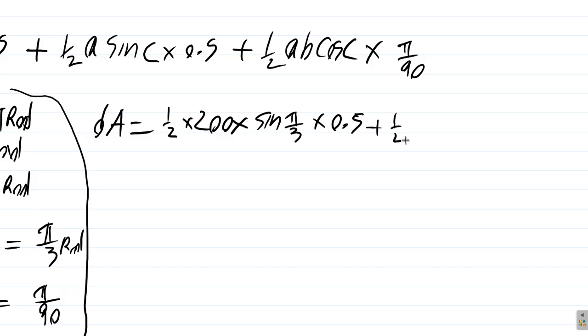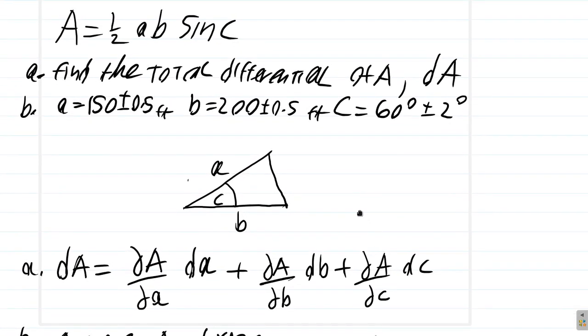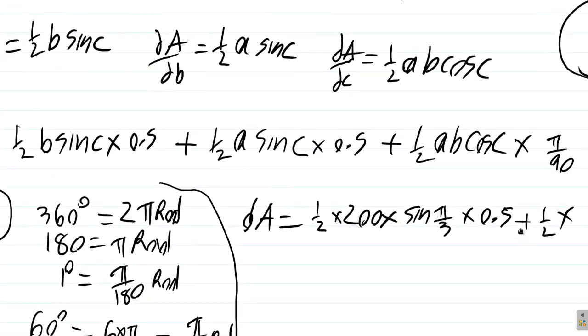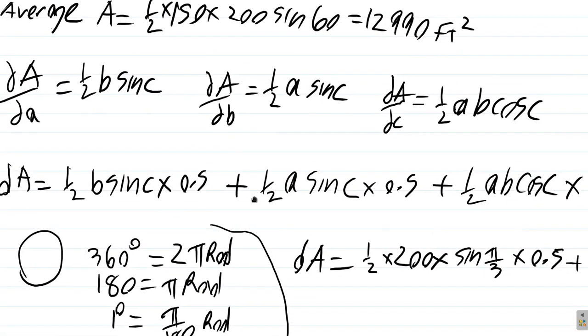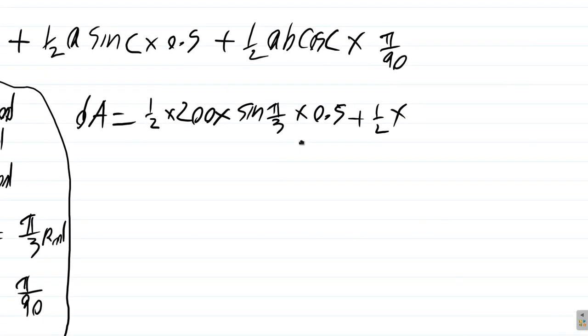Plus half times C now. I think C was, no, not C. I'm not ready for C yet. I just did half B sine angle C times 0.5. Yes, it's A. A was 150.